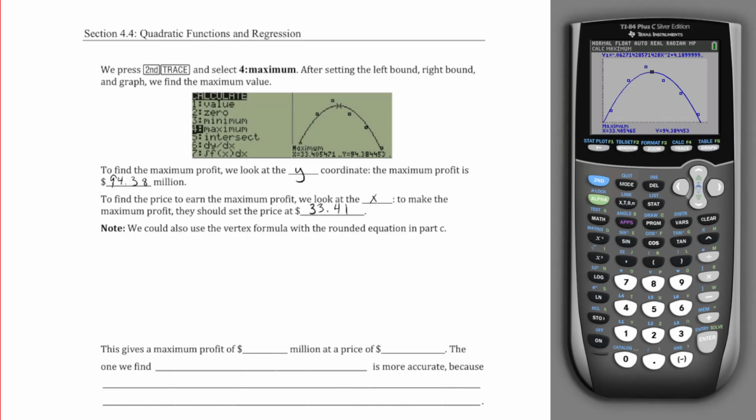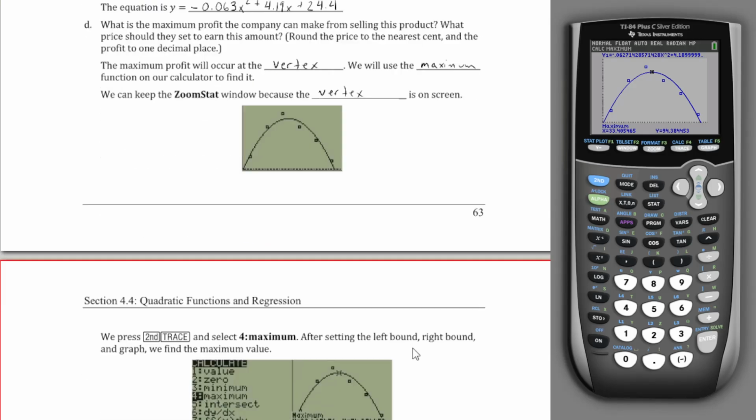Now, instead of using the maximum function on the calculator, we could instead use the vertex formula with our rounded equation that we wrote down in part C. In part C, we wrote down that y equals negative 0.063x squared plus 4.19x plus 24.4.